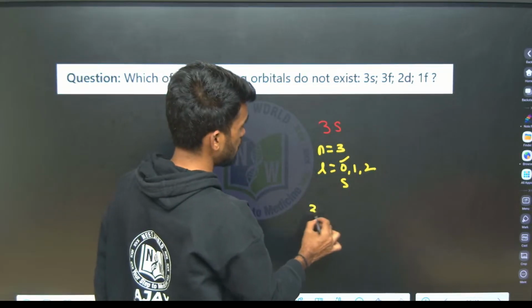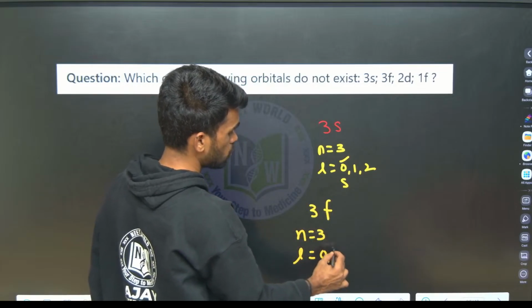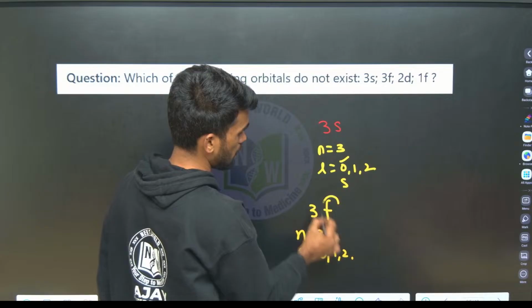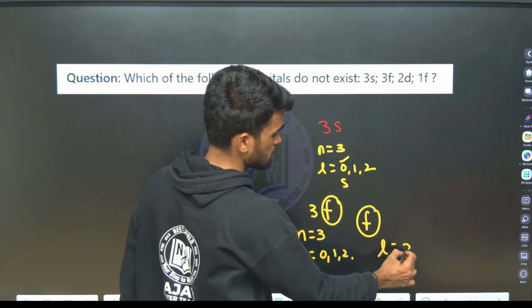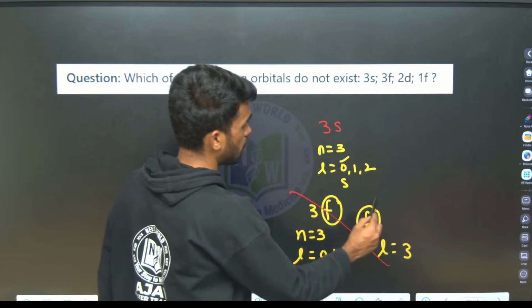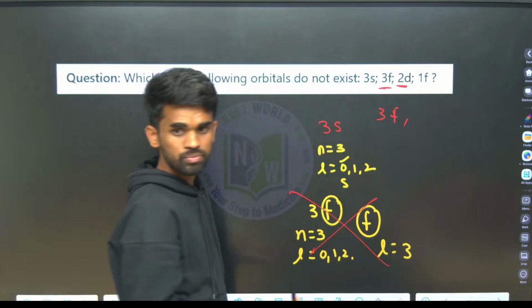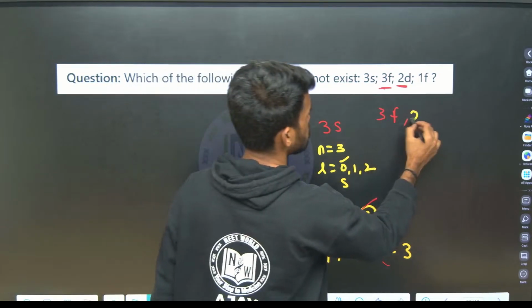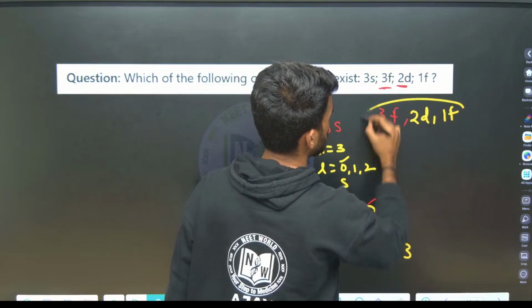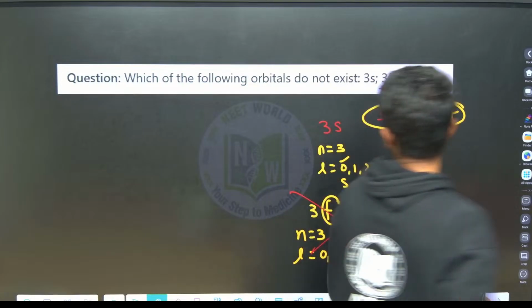Next, 3f they are saying. n value is 3 and L should be 0, 1, 2 only. But for f, what is the L value? 3, which is not possible here. So 3f is not possible, and what about 2d? That is also not possible because L value is 2. And 1f is also not possible. These 3 do not exist, only 3s will exist.